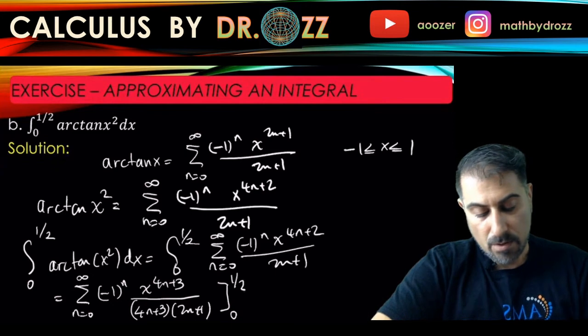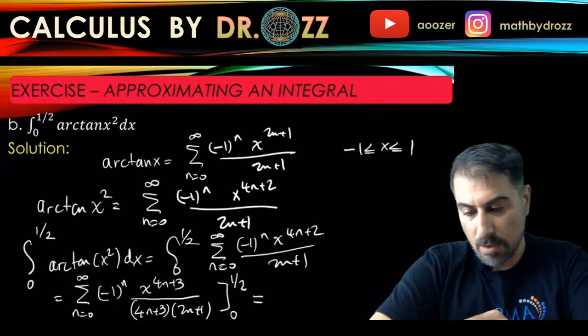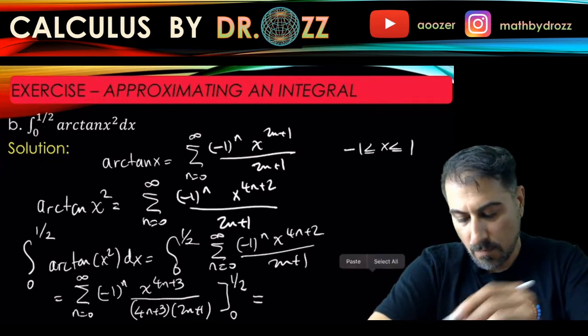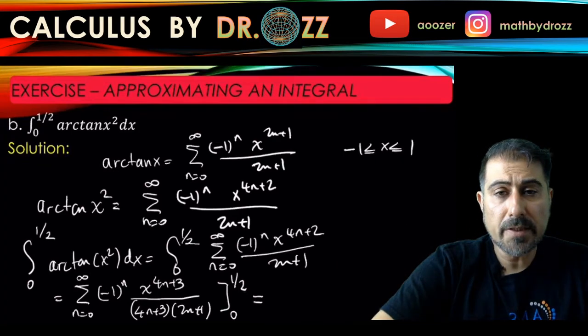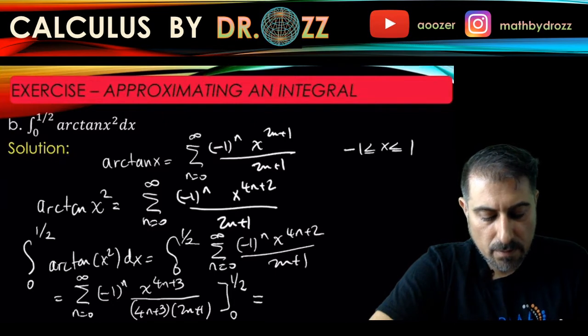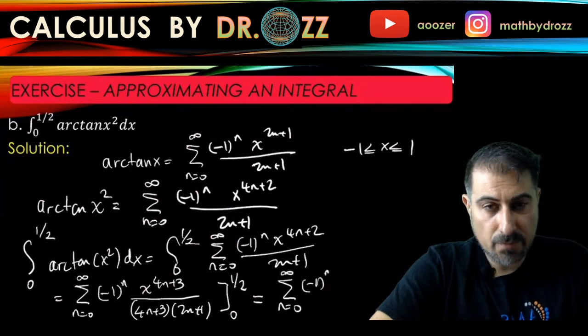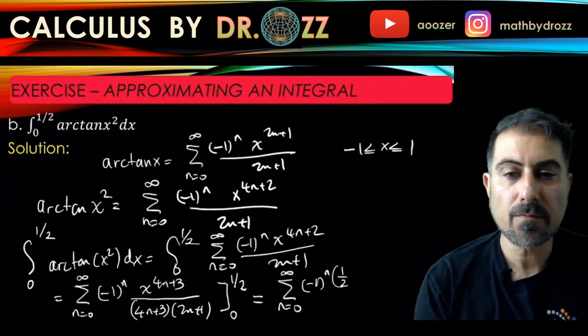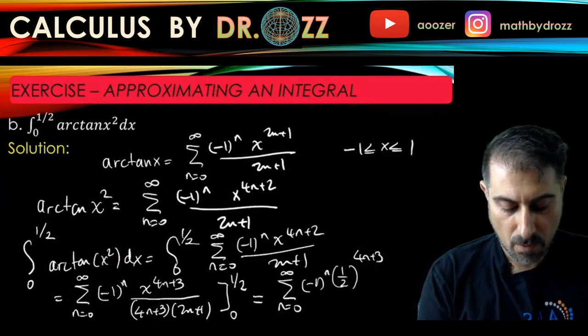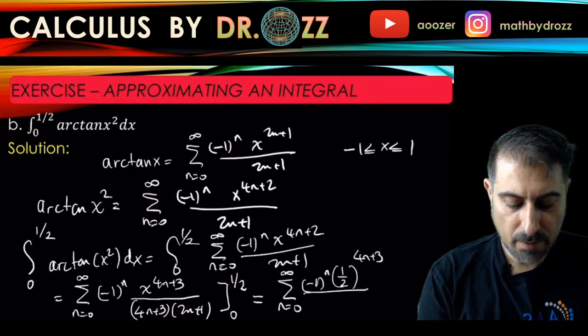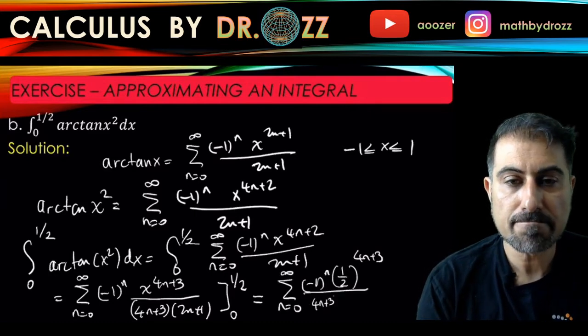Here I'm going to plug in the upper limit. The upper limit is 1/2, so you have (-1)^n (1/2)^(4n+3), all divided by (4n+3) and (2n+1).